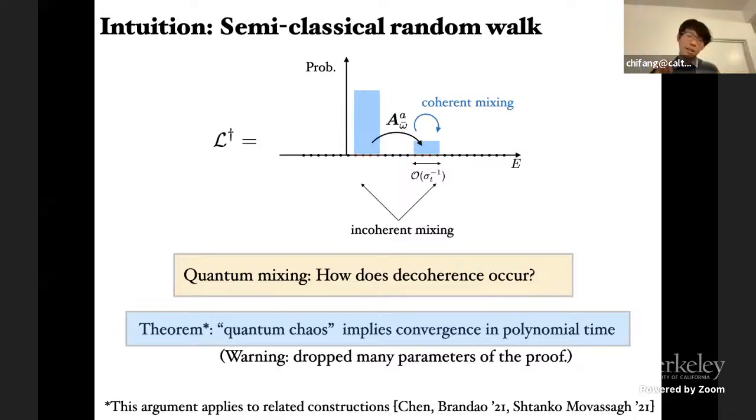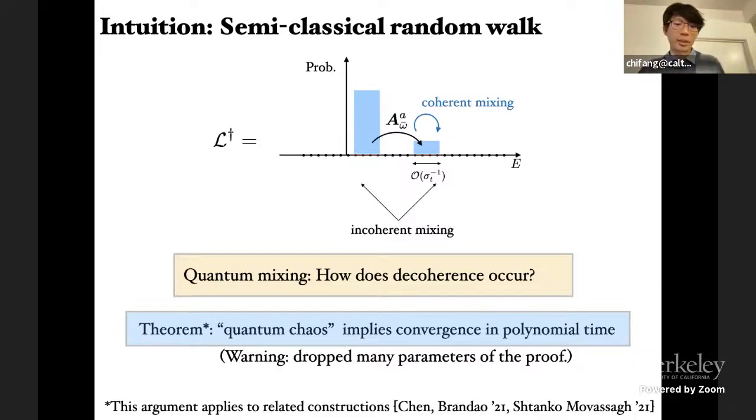At a very high level, if you want to prove thermalization, essentially you want to understand how to get rid of this coherence, because in the end you want a mixture on an energy basis. You have to break all entanglements. This doesn't seem easy to prove, and we're able to argue that this is possible in polynomial time, assuming a strong assumption from quantum chaos.